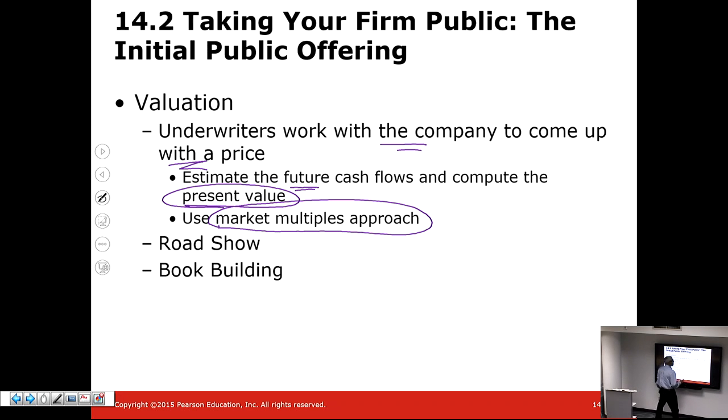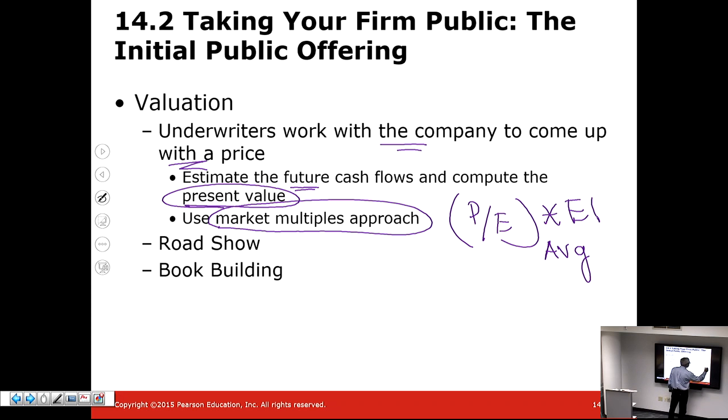In a markets multiple approach, they look at the comparable price to earnings ratios for peer group companies, companies that are very similar to the company that is trying to raise capital. Then they average out those PEs, and they use the average PE of the industry, multiply that with the earnings per share for the firm, and that gives them the expected stock price.